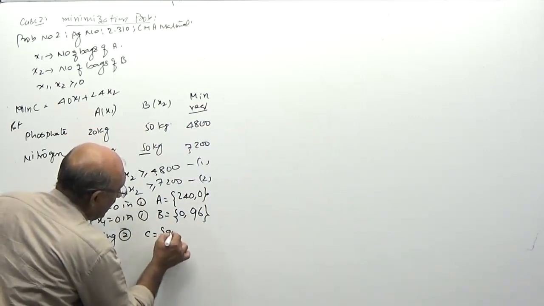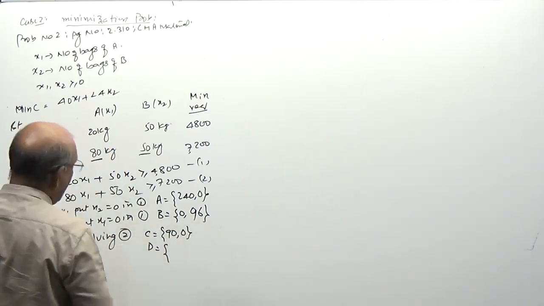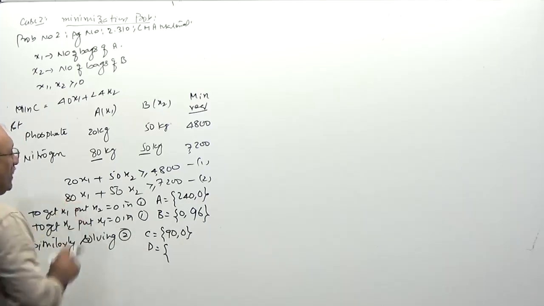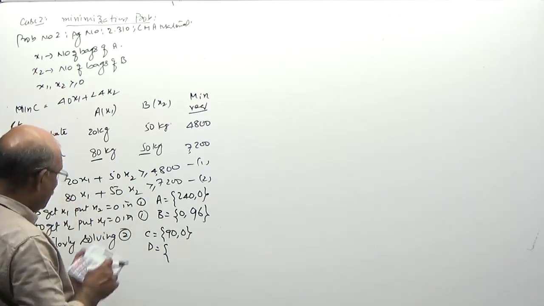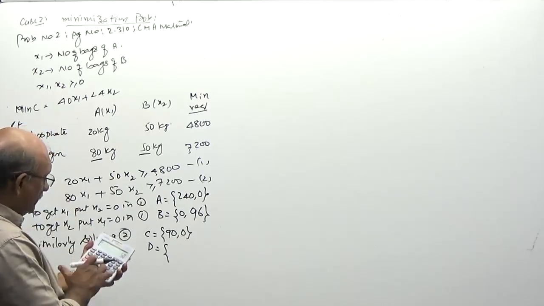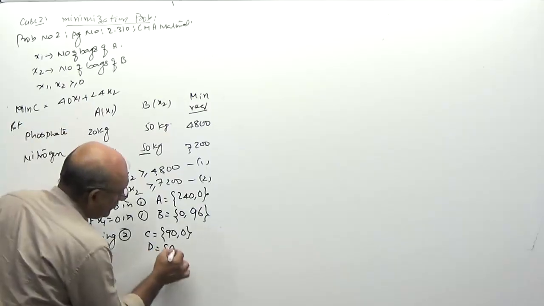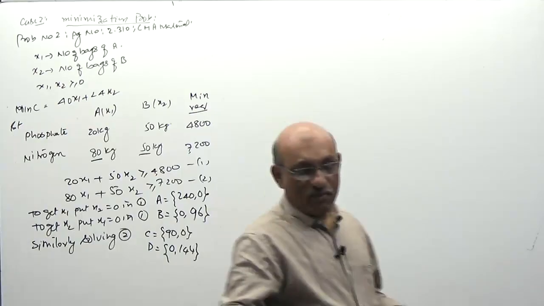C is equal to 90 comma 0. Now D. For getting D, sir, put X1 equal to 0. D means the X2 value: 7200 divided by 50 is 144. So D is 0 comma 144.